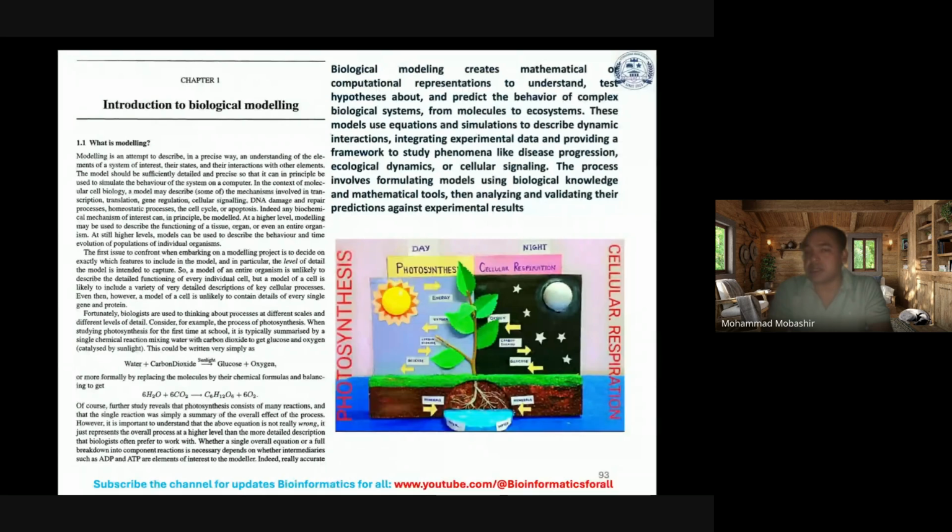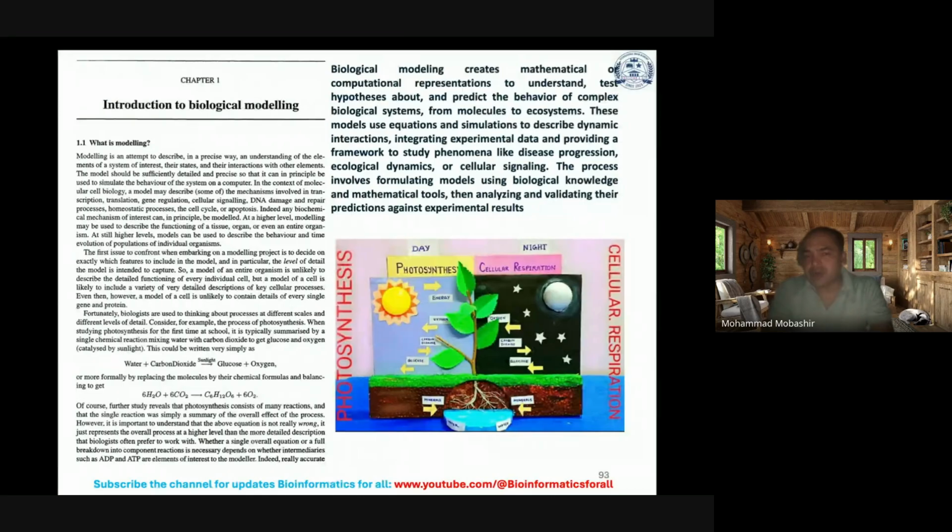The process involves formulating models using biological knowledge and mathematical tools, then analyzing and validating their predictions in terms of experimental studies. So here you can see the photosynthesis process. As a layman, when you are in class 10, you understand that in photosynthesis light is required.